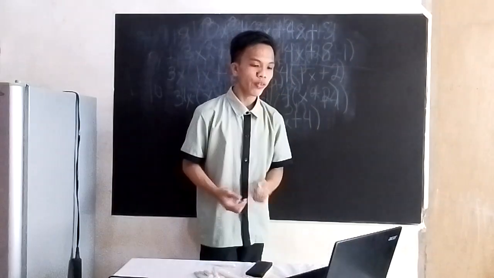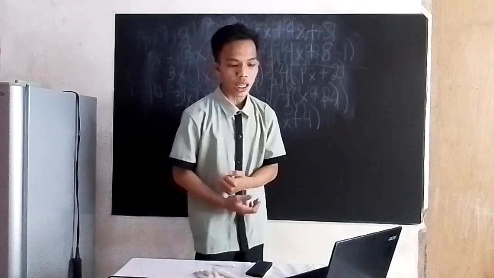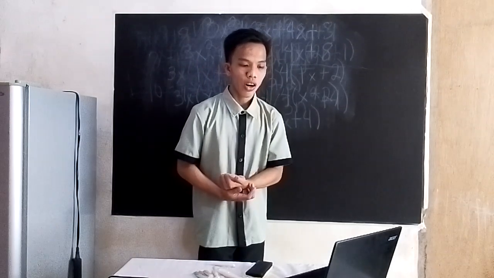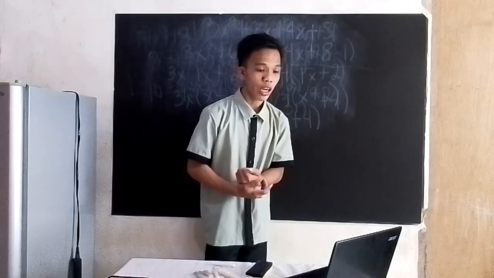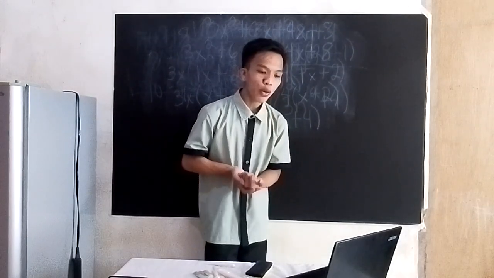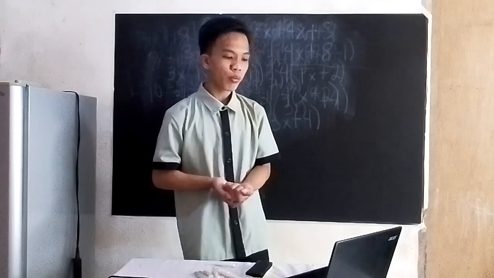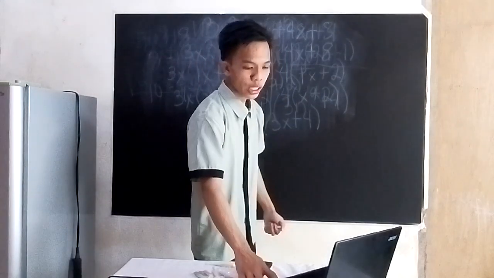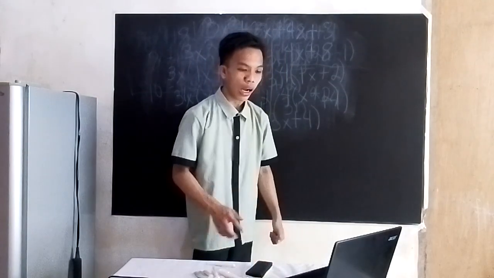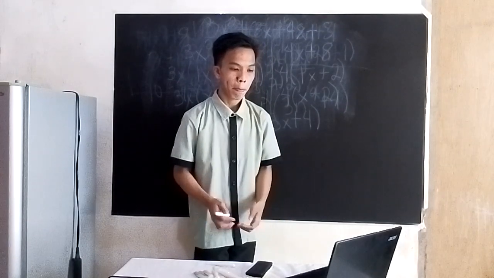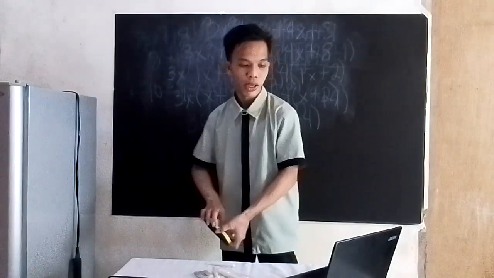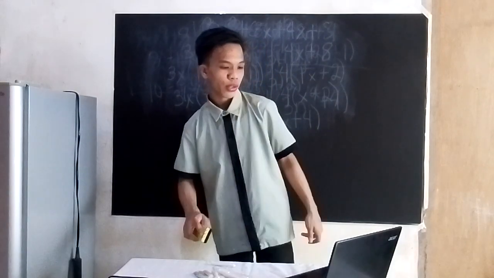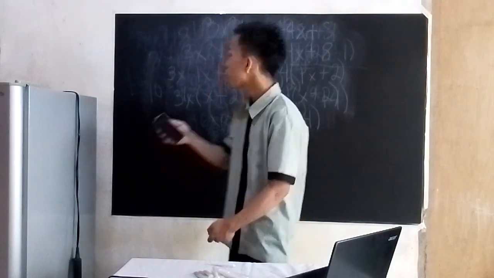So, sum and difference of two cubes. A polynomial in the form of a cubed plus b cubed is called a sum of cubes. A polynomial in the form of a cubed minus b cubed is called a difference of cubes. Okay, so we have a formula in here, but let's focus first on sum of two cubes.